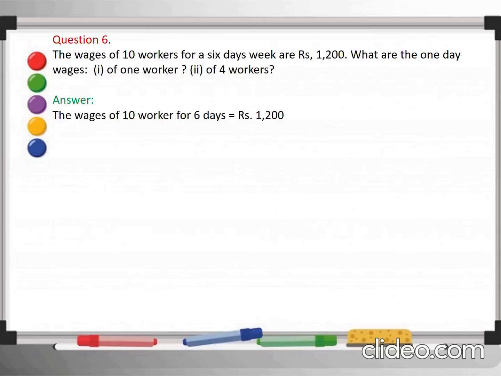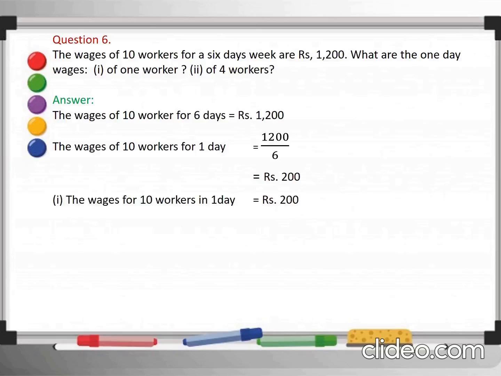The wages of 10 workers for 1 day equals how much? 1200 upon 6. When we do cancellation, we'll get 200 rupees. Therefore, the wages for 10 workers in 1 day equals rupees 200.